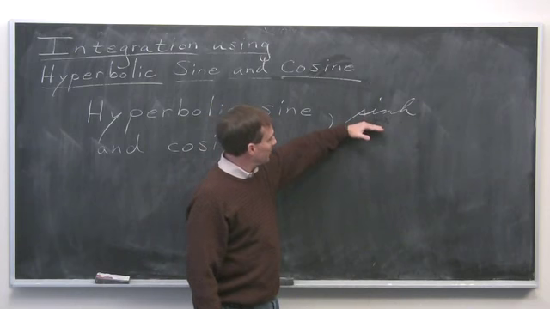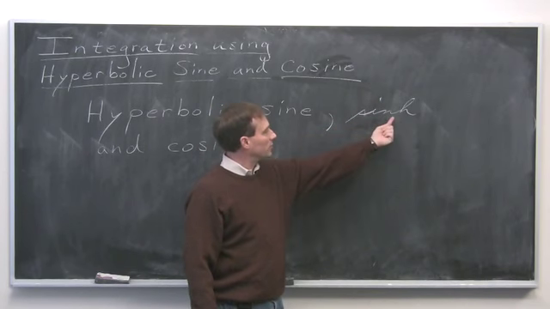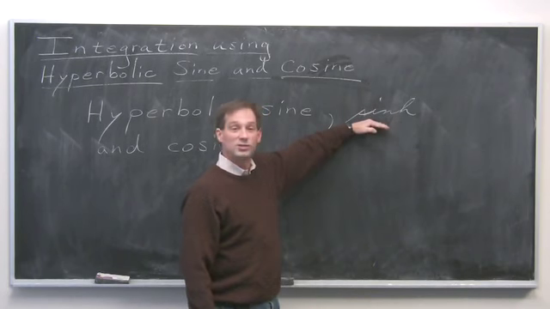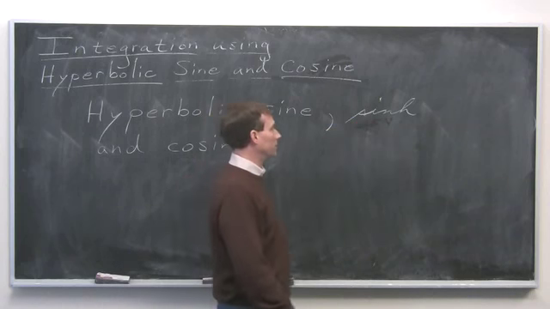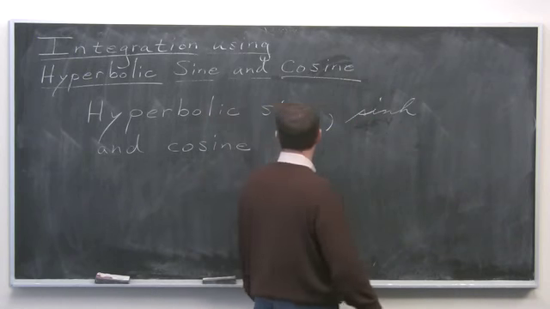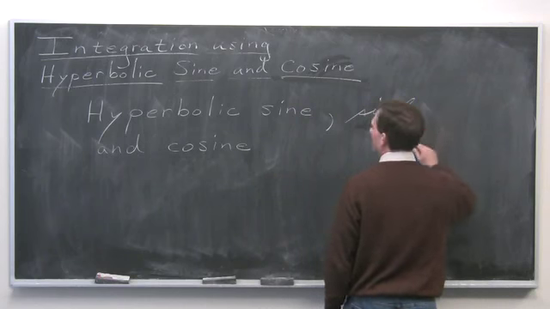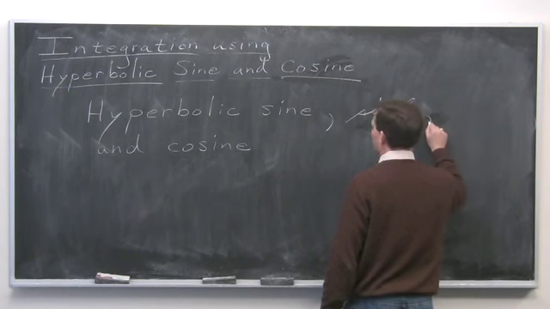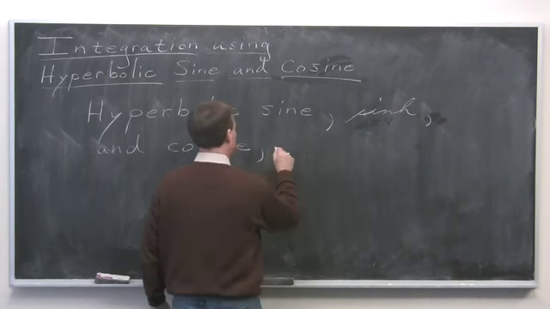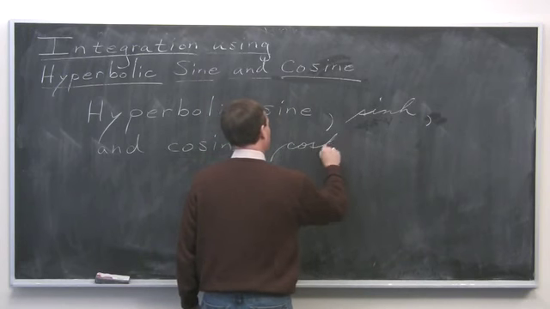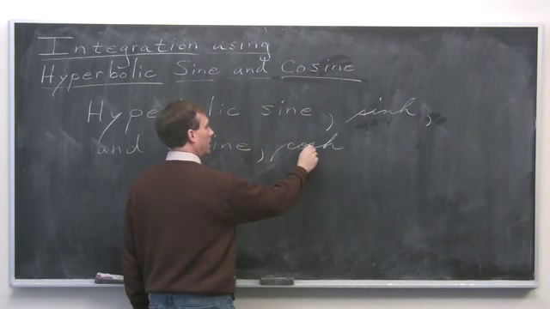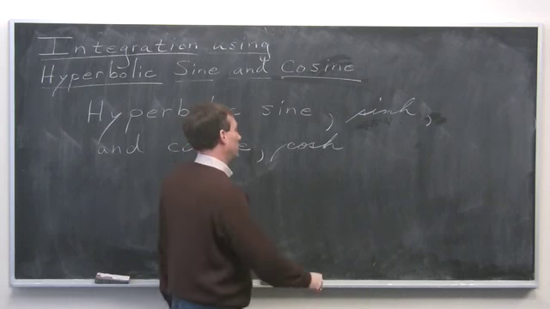When people say this out loud, they say it as though there's also a C here. Everyone says "cinch", because "sinh" just sounds stupid. This is usually abbreviated sinh, and hyperbolic cosine is usually abbreviated cosh, and that's pronounced phonetically, "cosh".